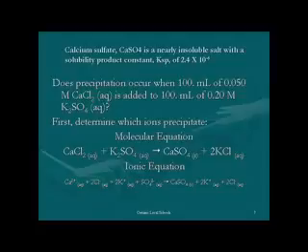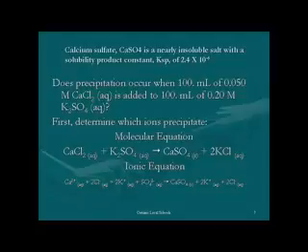So calcium sulfate is a precipitate, so we put a solid in the phase there, and then our potassium chloride will be aqueous. Now, when we write a molecular equation that shows ionic compounds dissolved in water, it doesn't reflect the truth of how those compounds exist in water. And so we'll write an ionic equation to show that ionic compounds that are soluble in water separate into their ions when they dissolve.